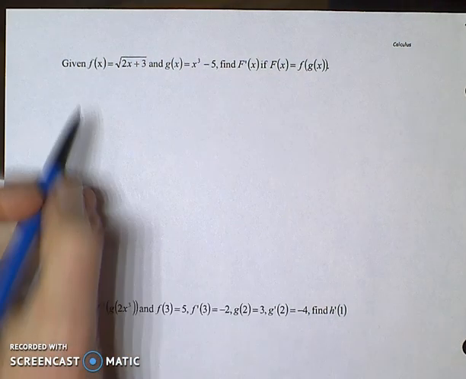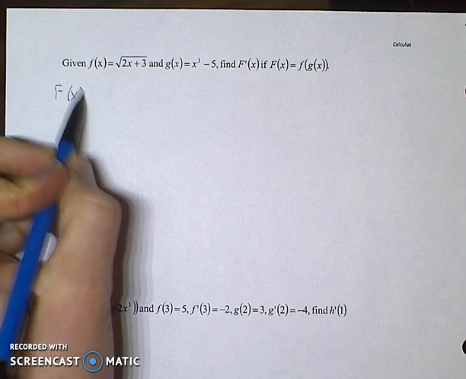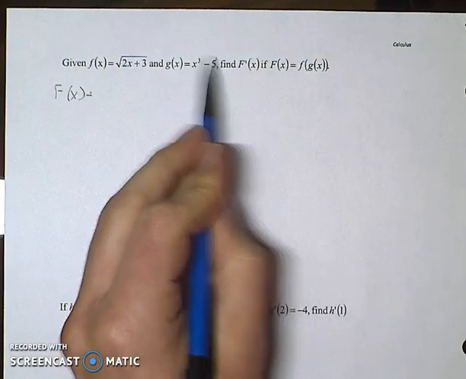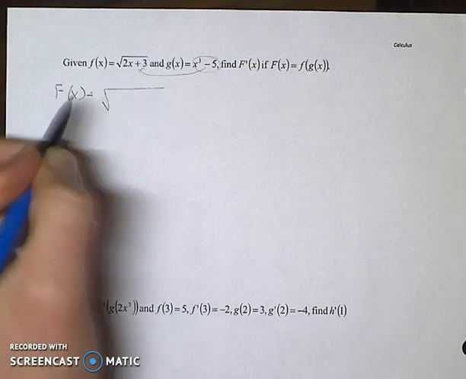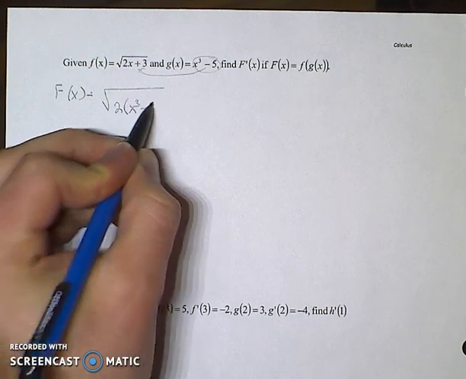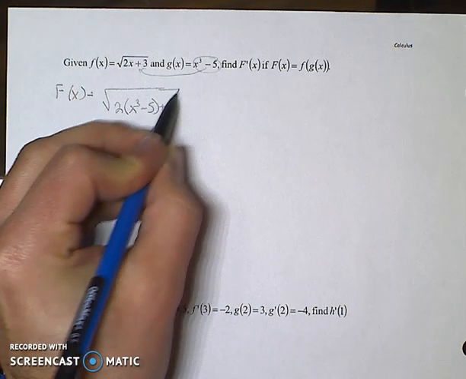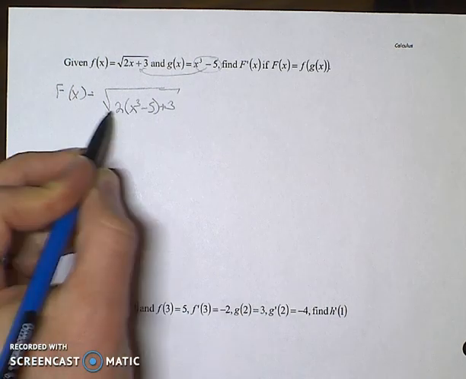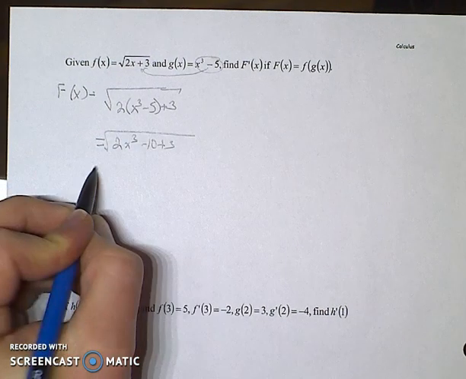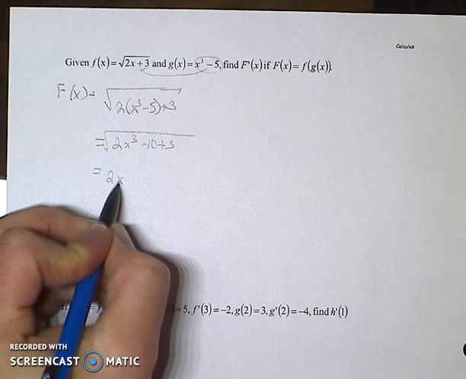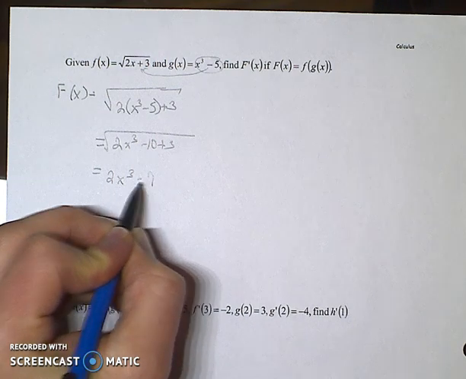So, we know that f of x equals this part being plugged in there. So let's do that. 2 times x cubed minus 5 plus 3. And we'll write that out as 2x cubed minus 10 plus 3. And that is going to be 2x cubed minus 7.